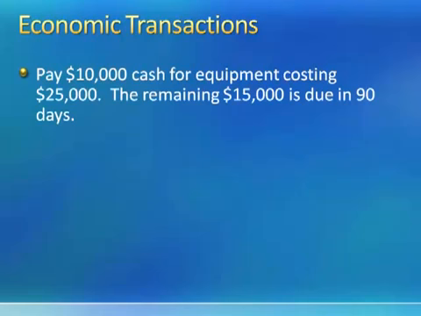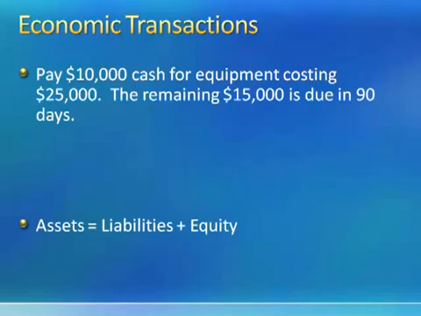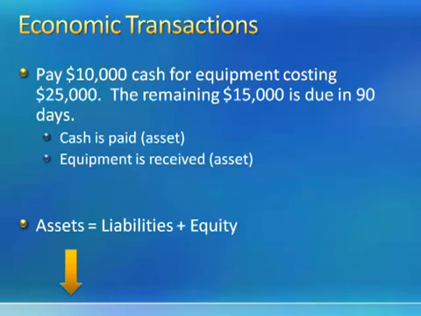We pay $10,000 cash for equipment costing $25,000. The remaining $15,000 is due in 90 days. Here we have several things going on. We're paying cash. Cash is an asset, so our assets are going down. We're receiving equipment. Equipment is an asset because it has future economic benefit.